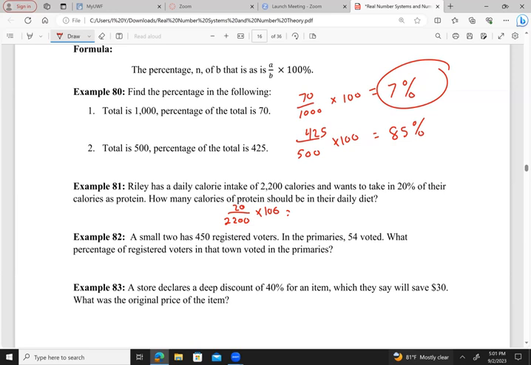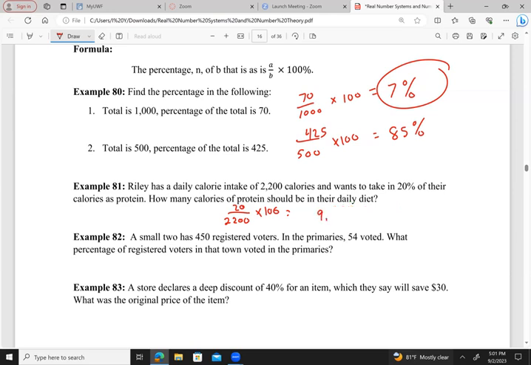I get 90.90990, that's not right. I missed by one.